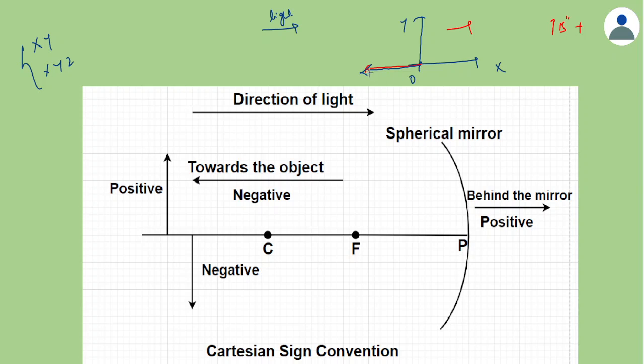Similarly, if this is the principal axis, then heights above it, which would mean along the positive y-axis, will be taken as positive, and distances below it, which would mean the negative y-axis, the heights would be negative. So whatever we learned earlier has been summarized as this XY system. In fact, the XY system would be easy to understand and do numericals. Thank you.